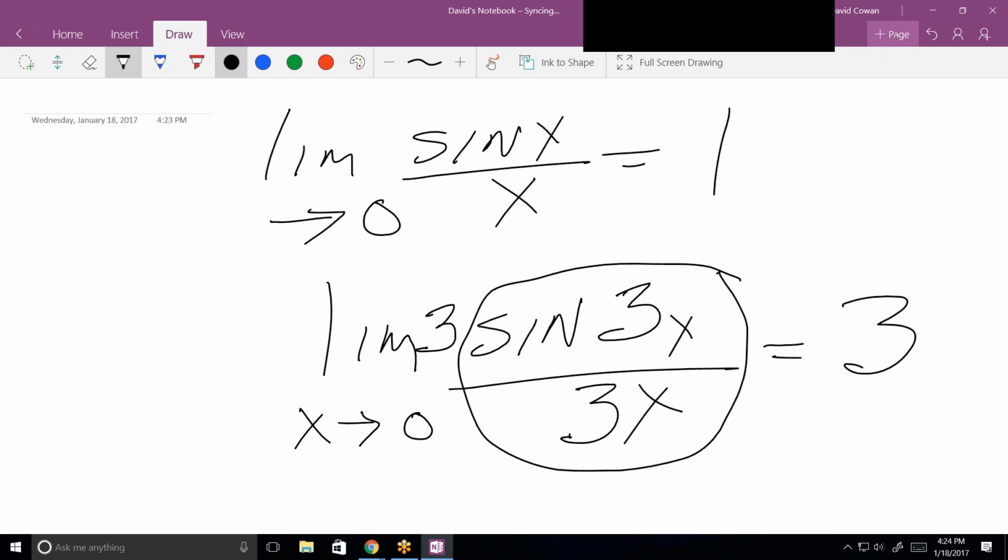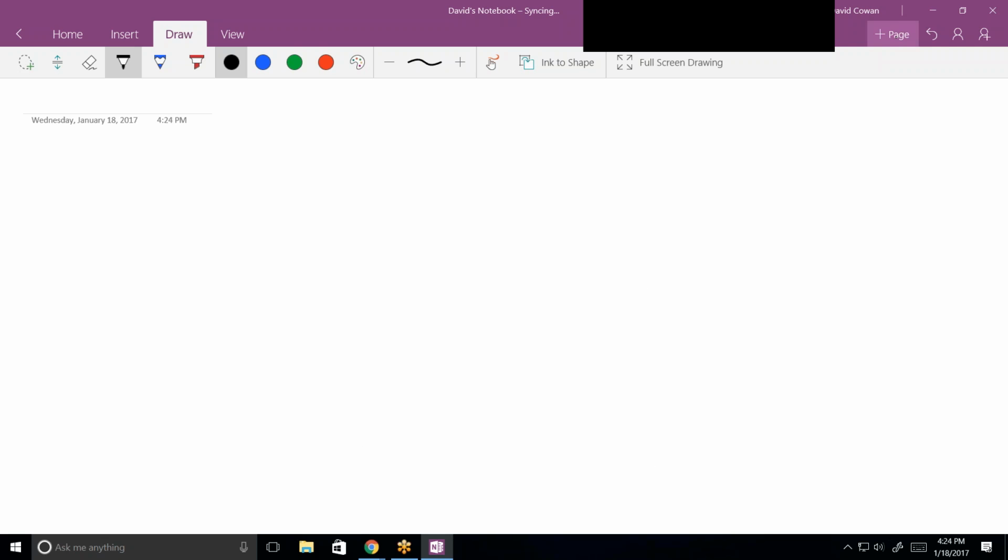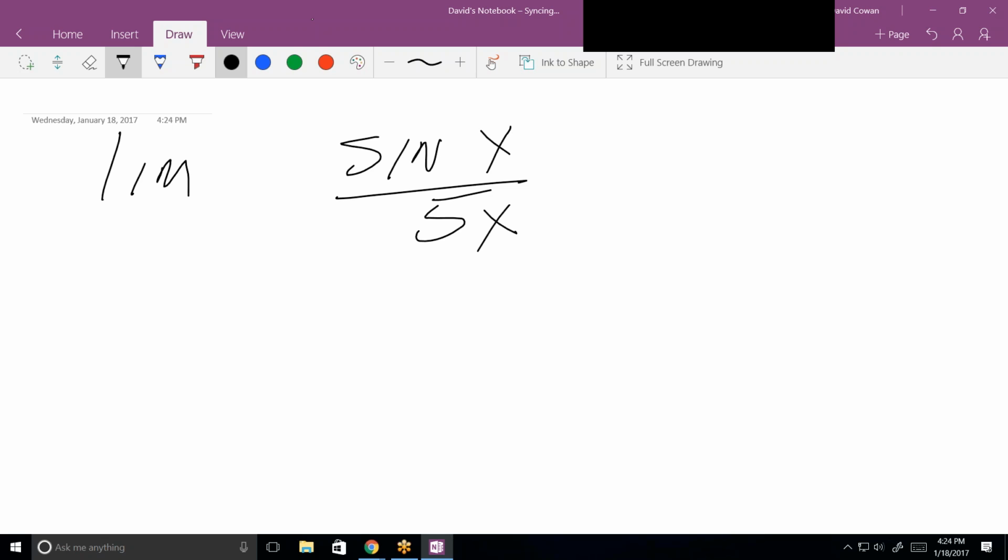Now, if I look at problem 67, it's similar to that. It's sine of x over 5x. So I have to multiply top and bottom by what so that they match? Not 5. If I multiply top and bottom by 5, I would have 25x on the bottom.